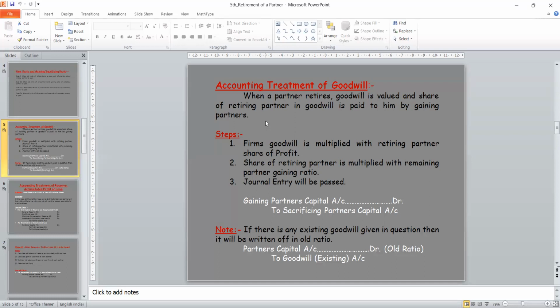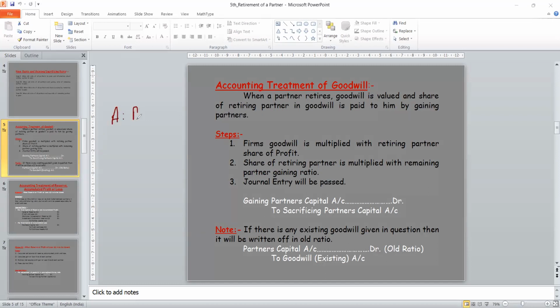Yes, if all the partners are getting some share in the retiring partner's profit share, then all the partners will contribute the goodwill. So if the retiring partner is giving something to all the partners, then only they will give something to the retiring partner. Yes, you understand this.